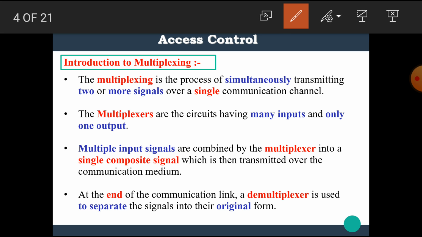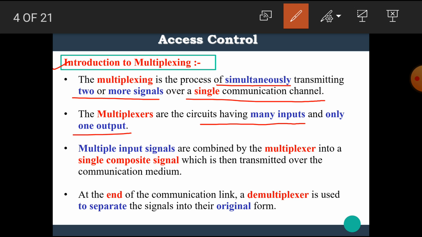Now let's see the introduction to multiplexing. A multiplexer can also be called a many-into-one electronic circuit. Multiplexing is the process of simultaneously transmitting two or more signals over a single communication channel. Multiplexers are circuits having many inputs and only one output.